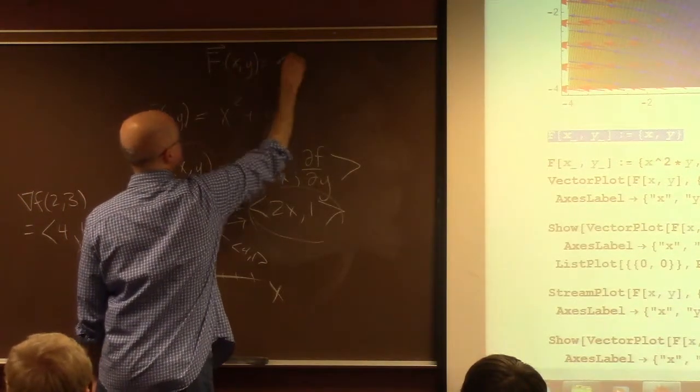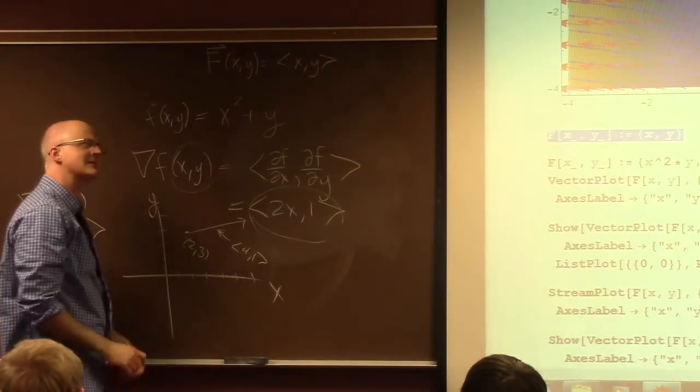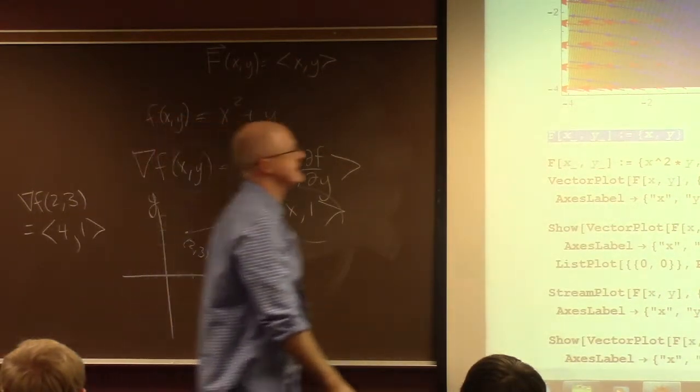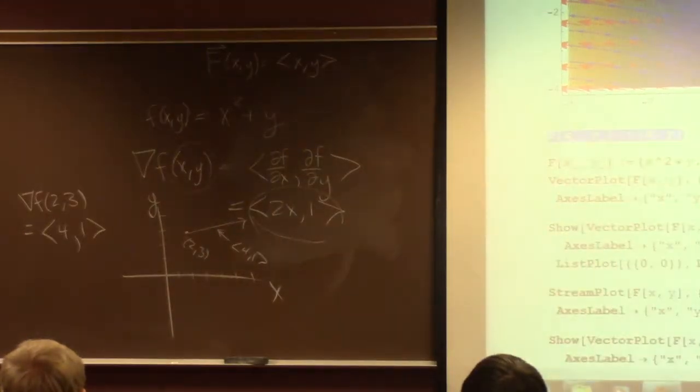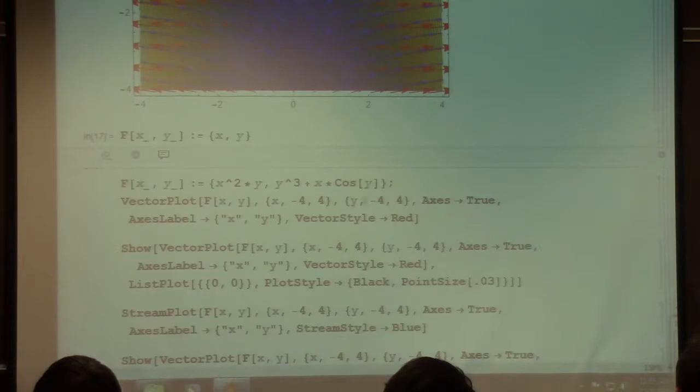Pretty simple formula in this case, F of x, y equals <x, y>. Take a few seconds to try to imagine what you think the graph of this one looks like. You can actually graph this by hand pretty quickly if you think about it in the right way.